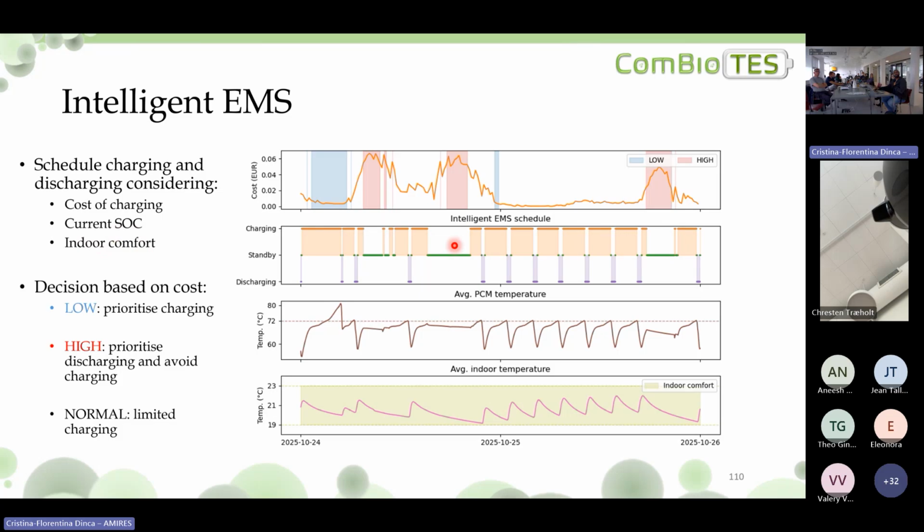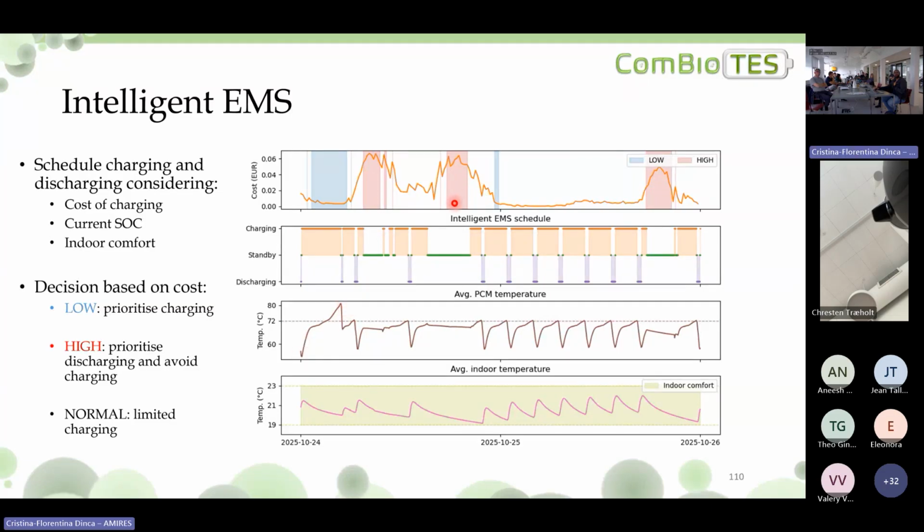So we see here that when the prices are normal, the charging and discharge cycles happen regularly as before, but charging is limited only up till 72 degrees. We don't fully charge to that. When there are low price periods, we try to extend the charging. So we extend the charging up to 80 degrees.